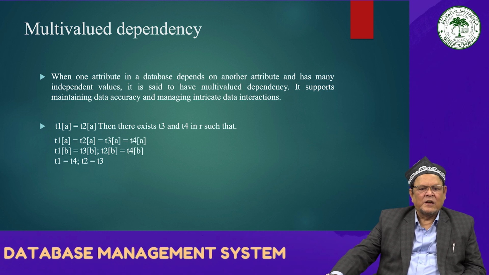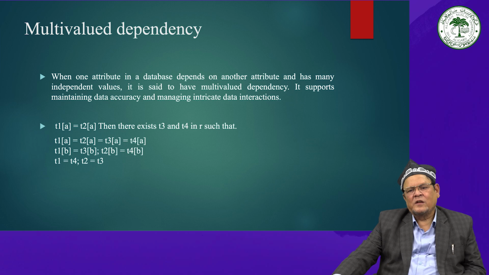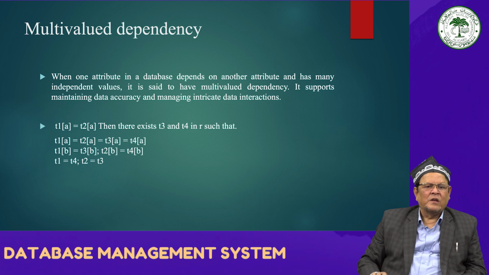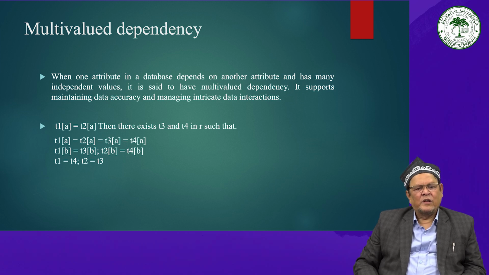Any attribute, say A, multi-defines other attribute B, if for any legal relation R, for all pairs of tuples T1 and T2 in small r, as you can see on the screen, such that T1[A] is equal to T2[A], then there exist T3 and T4 in R such that T1[A] is equal to T2[A] is equal to T3[A] and T4[A], T1[B] is equal to T3[B], T2[B] is equal to T4[B].